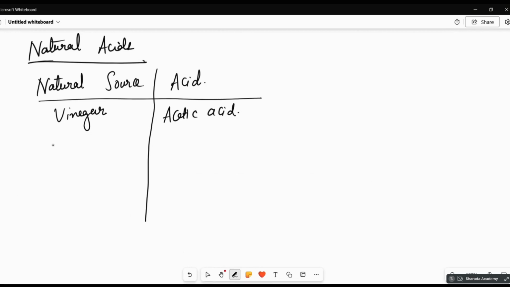Then orange or lemon, they contain citric acid. Tamarind, tell me what type of acid is there? Tartaric acid. Write down tartaric acid.